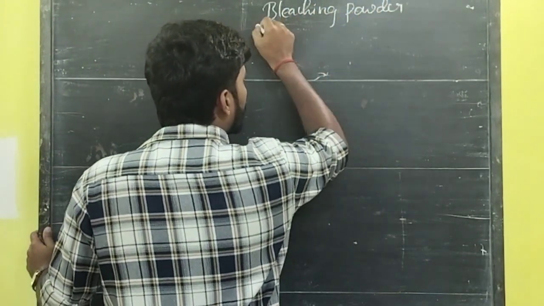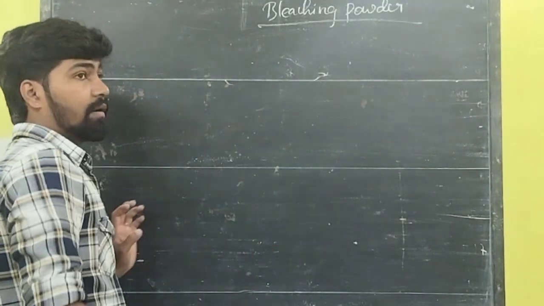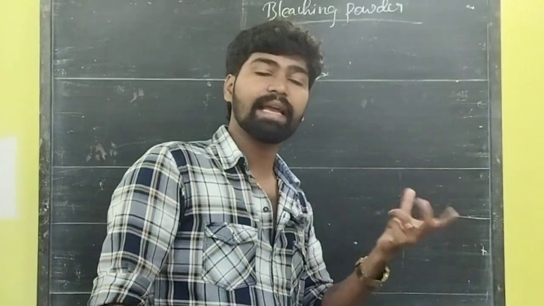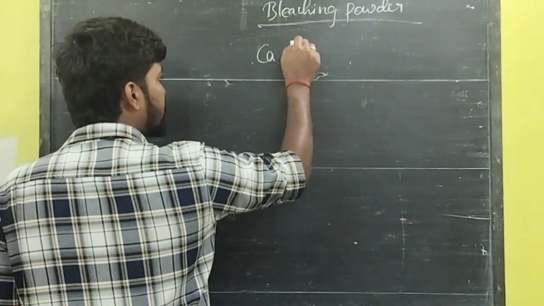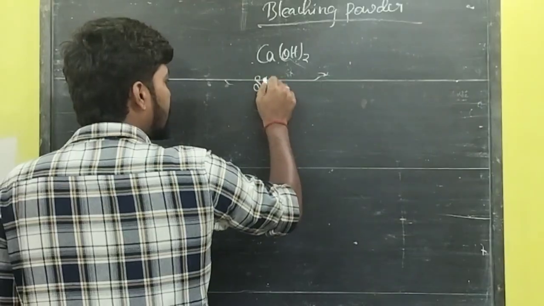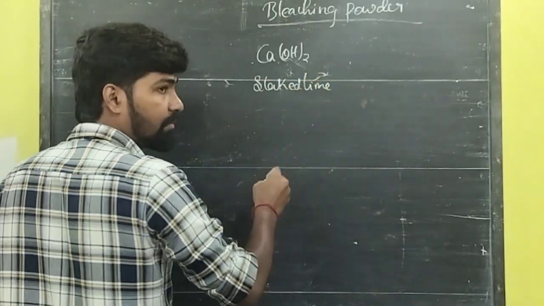Coming to the next type of salt, that is bleaching powder. Now what is bleaching powder? You take slaked lime, that is nothing but calcium hydroxide, also called slaked lime.